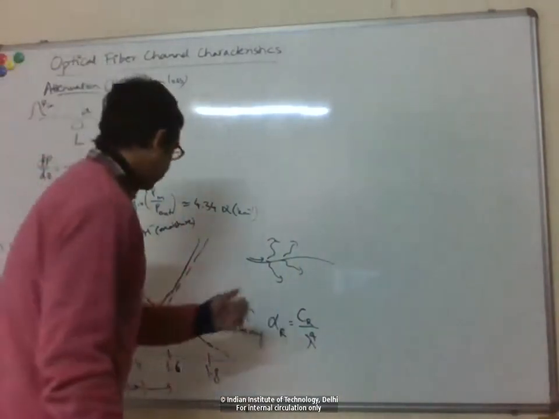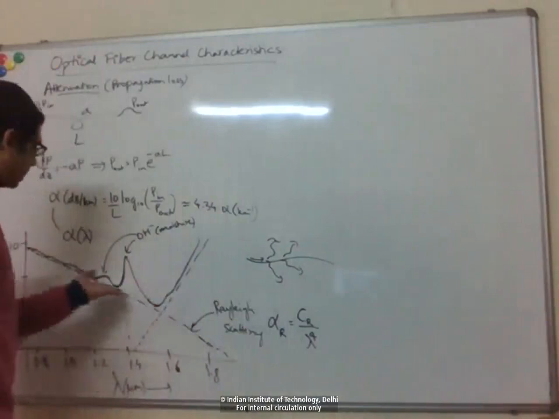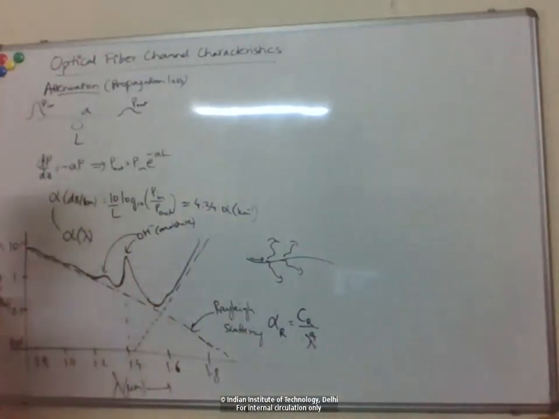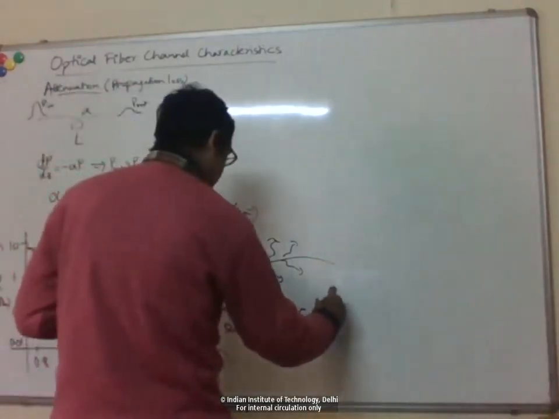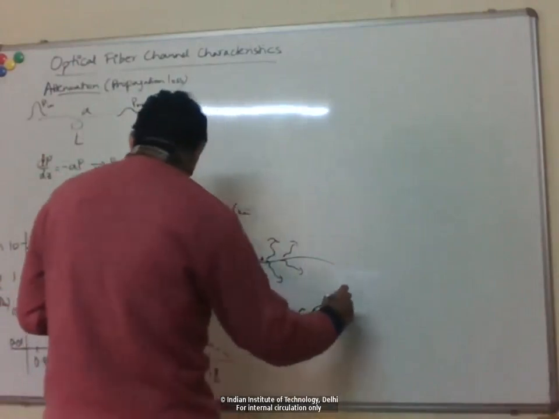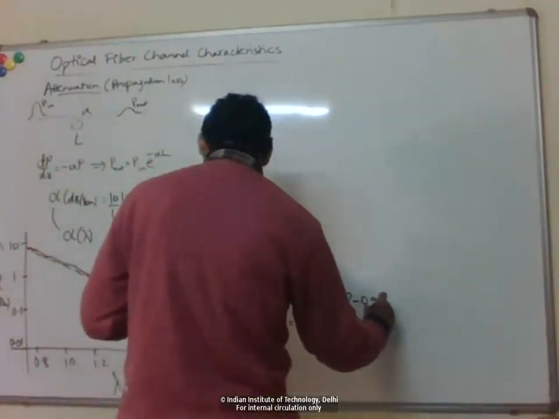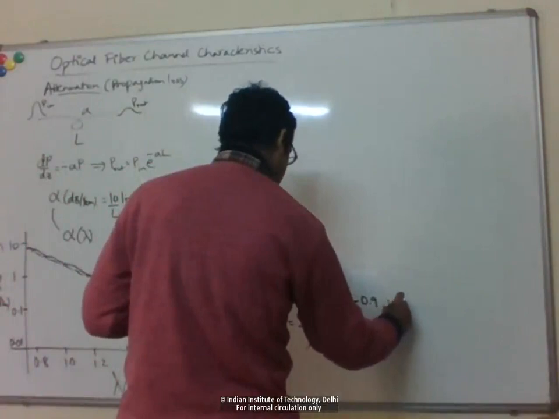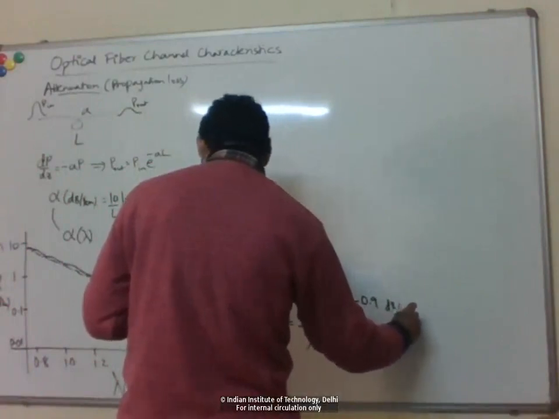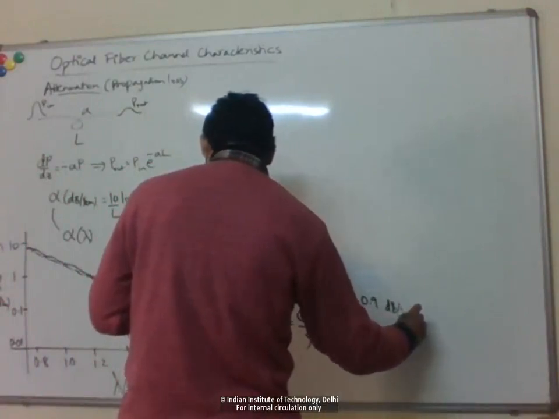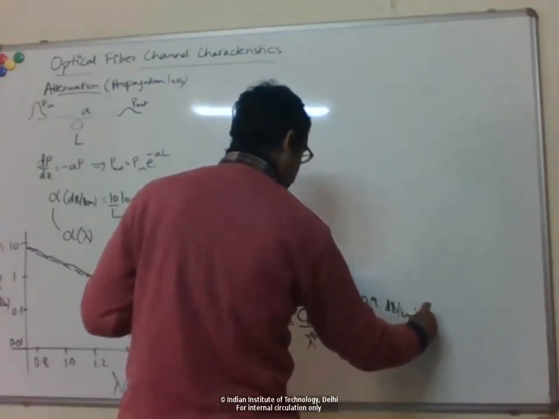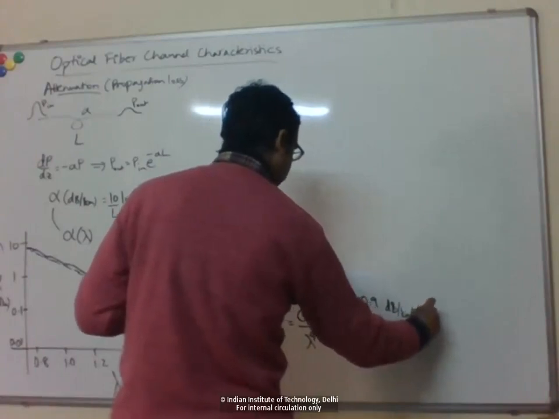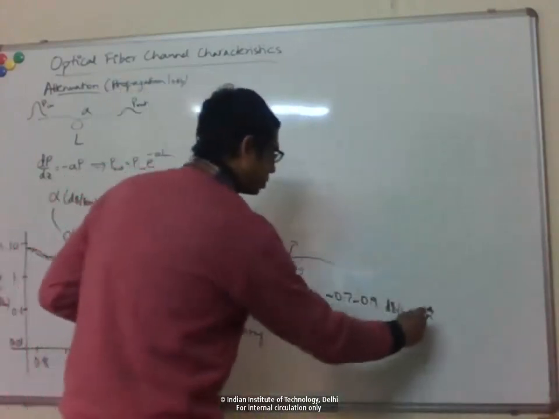This lambda to the fourth dependence is what is shown here, and this constant is about 0.7 to 0.9 dB per kilometer per micron to the fourth, because you have a lambda to the fourth here.